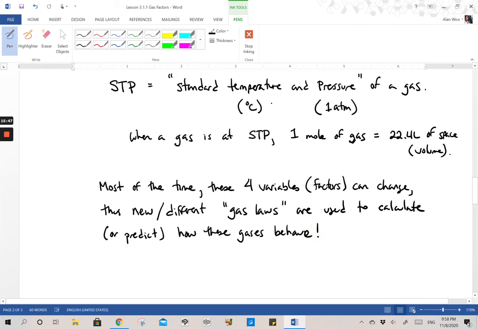And that's the whole point of our gas laws unit. We will look at about 5 to 6 different gas laws, or 5 to 6 different formulas, and learn how to use those formulas to predict and calculate how pressure, volume, temperature, and moles might change.